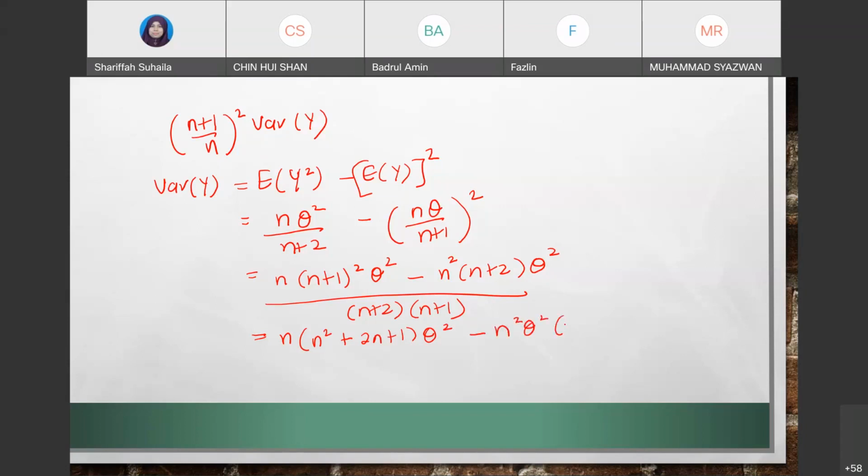Double check saya punya ni. Okay. So we have n plus 2, n plus 1. Yang mana boleh disimplifikan, simplifikan dulu. So n cube theta square, so cancel out here, 2n square theta square plus theta square.